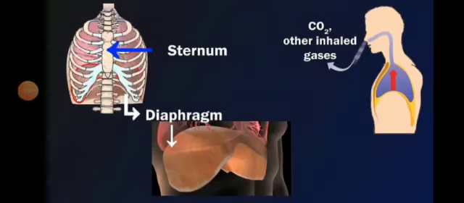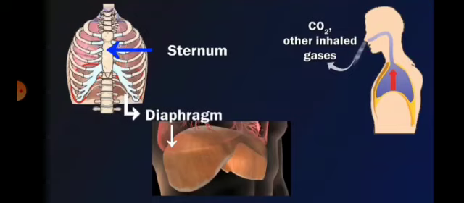In the exhalation process, the gases exhaled are carbon dioxide and other gases which were not absorbed in the process of inspiration. So all these other gases are also eliminated.